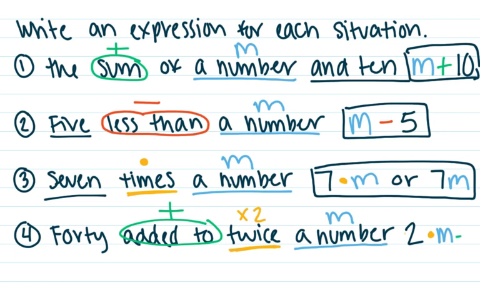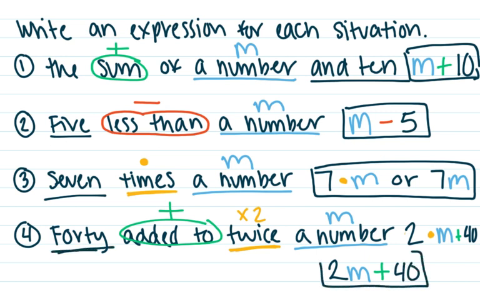I'm also adding 40 to all of that. So my final answer here would be 2M plus that number 40 right there. So my final expression would look like this. Sometimes we will have multiple things happening in our words, and we have to interpret them correctly.